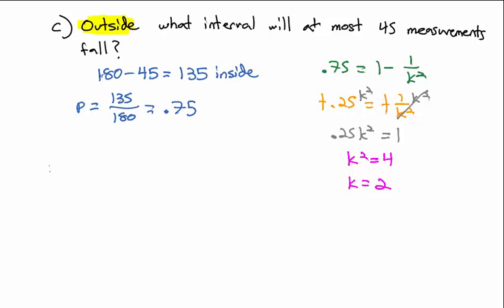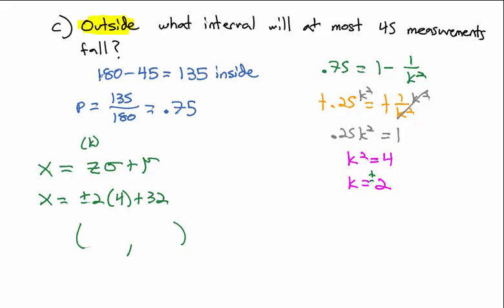So what are our x values? Remember, x is equal to z, or in Chebyshev's case, k, times sigma plus the mean. Remember, when we take the square root, plus or minus, so we have plus or minus 2 times the standard deviation, which we know is 4, plus the mean, which we know is 32. And when we do that on our calculator, we will get a range.